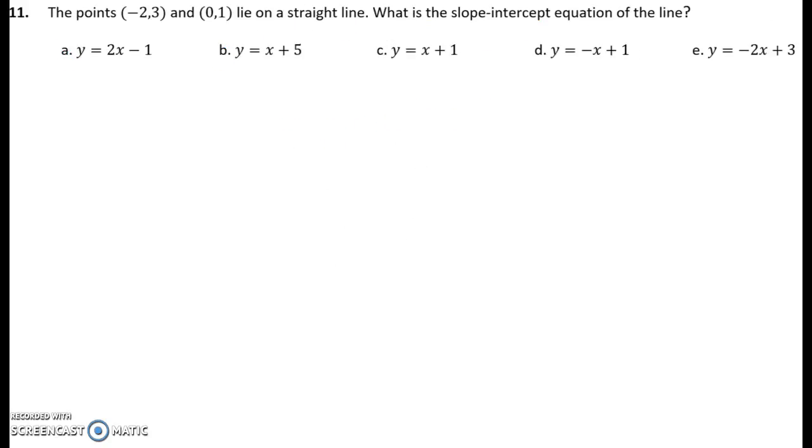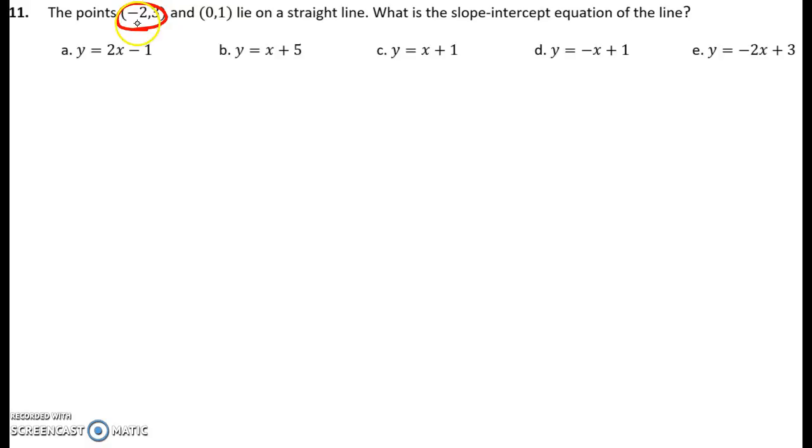Problem number 11 says the points negative 2, 3 and 0, 1 lie on a straight line. What is the slope-intercept equation of the line? Well, instead of actually solving this problem the long way, to save a little bit of time, we can just substitute in these 2 points.